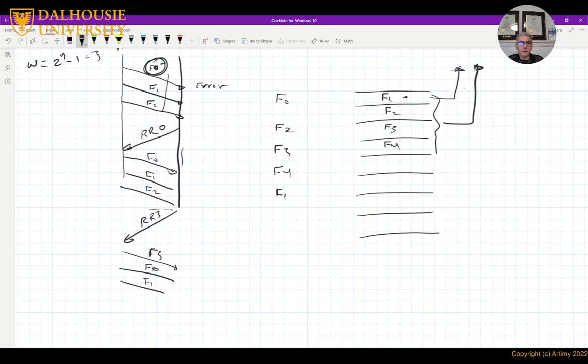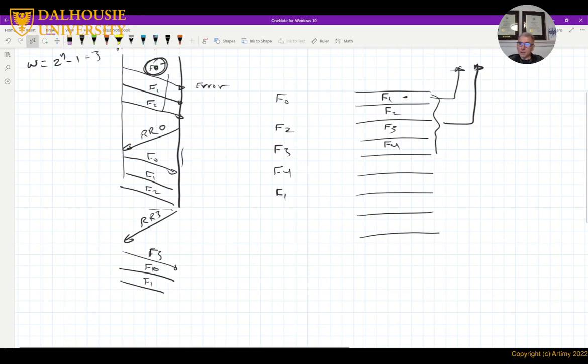So this means that the receiver has to have enough memory at least for the size of the window. I may have a window of 7 and the first frame is lost, but all 6 other frames are received. So the receiver has to keep all 6 frames in memory until the one that's missing, which happened to be the first one, is received correctly, then I'll send all of them to the upper layers. So I need more memory, right?